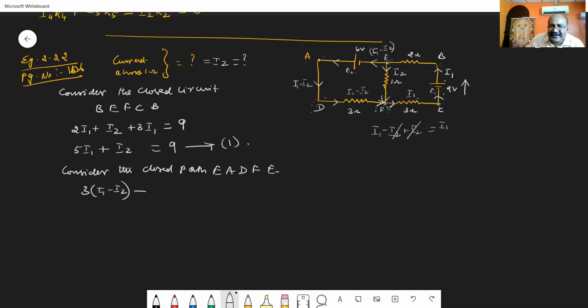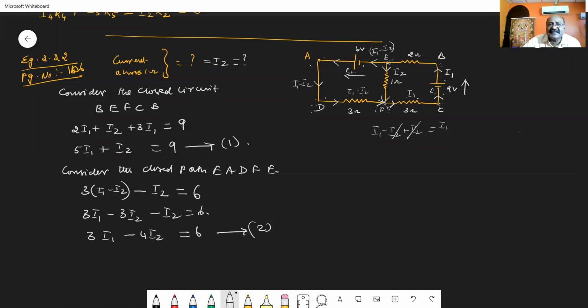Multiplying current and resistance, it is 1 into I2, which is I2, equal to, then the path from E to A. From E to A, current is flowing from lower potential to higher potential in the battery, so it is positive 6. Now simplify: 3I1 minus 3I2 minus I2 equal to 6. On simplification, I get 3I1 minus 4I2 is equal to 6.